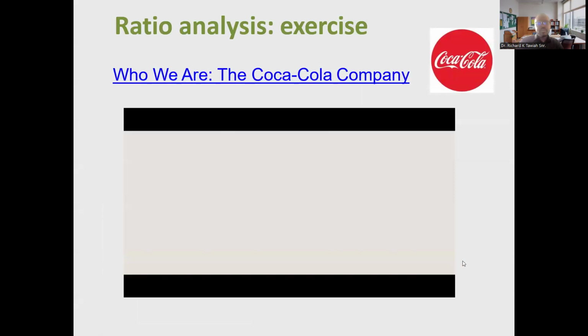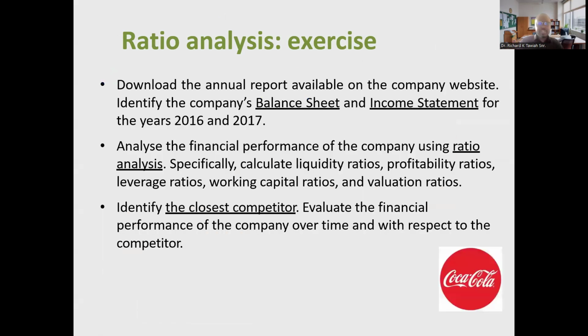So we'll do an example, and I would want you to look at it ahead of time. Coca-Cola, who are we? And then we'll do some ratio analysis there. Okay, so download the annual report from the company's website. Identify their balance sheet and their income statement for 2016, 2017. You can use the latest accounts, okay? And then analyze their financial performance using ratio analysis.